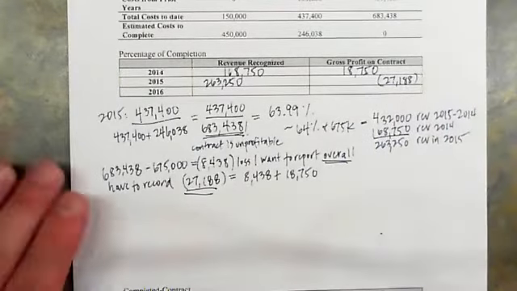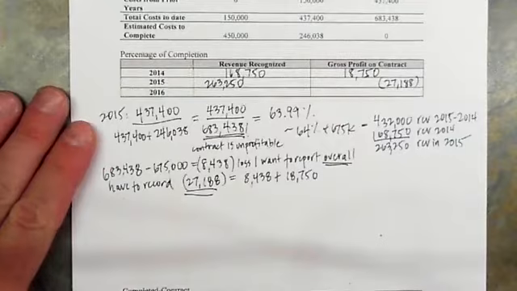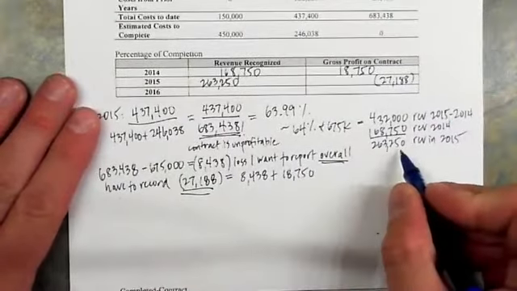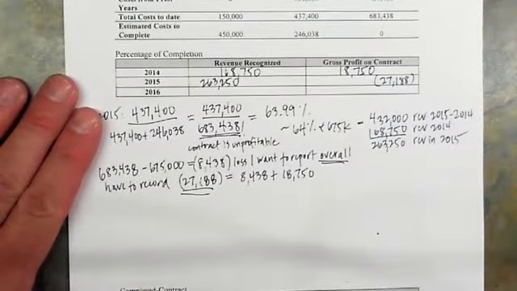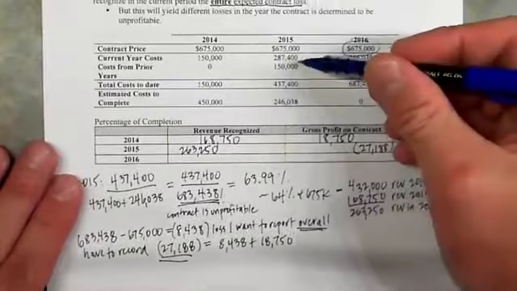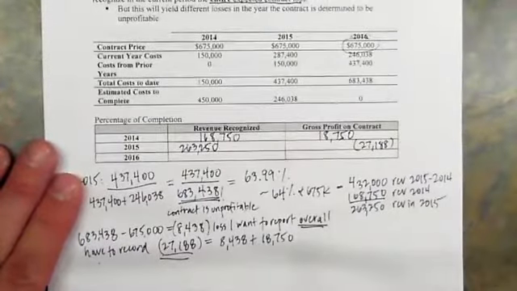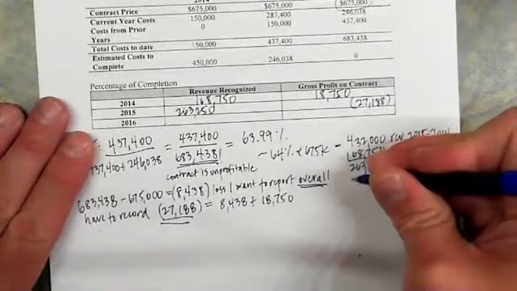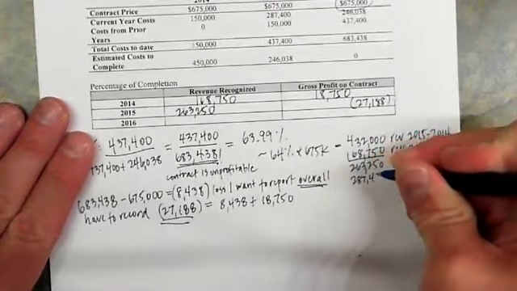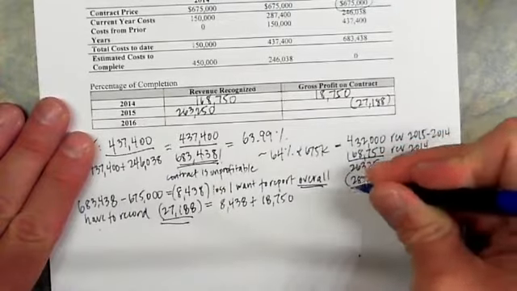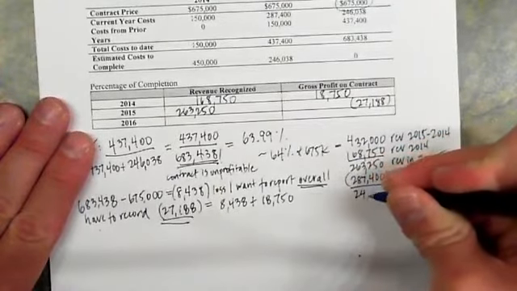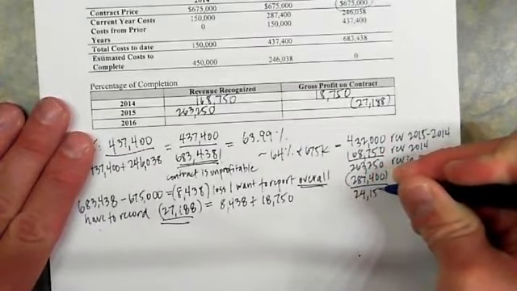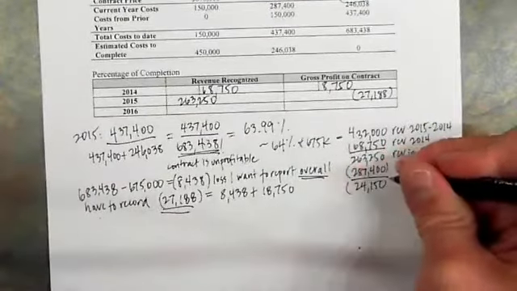So how much am I going to get, and how much do I have to borrow, right? So if I take 263,250 and subtract off just the current year cost, 287,400, I get 24,150, and that's a loss.